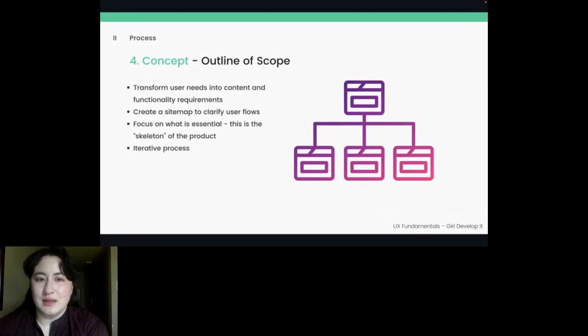So that's something that you want to have a page for in the website or app. And then a functionality requirement is something like we would like the user to be able to purchase this product through the app. So that's going to be a function, and you're going to create a user flow for that.